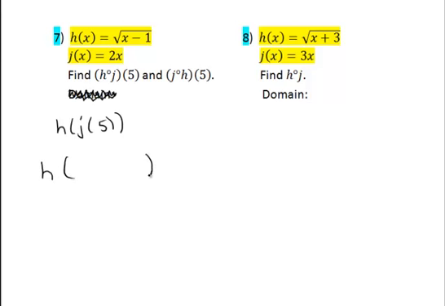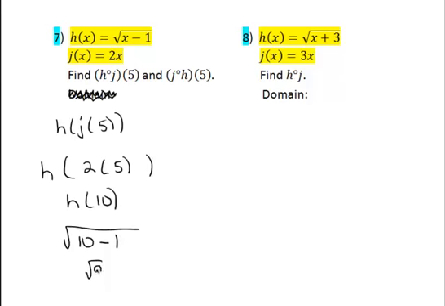So h of something, and that something is j of 5. j of 5 is 2 times 5. 2 times 5 is 10. Now we find h of 10. We take 10 and put it into h. We get the square root of 10 minus 1, which is the square root of 9, or 3. So h of j of 5 equals 3.